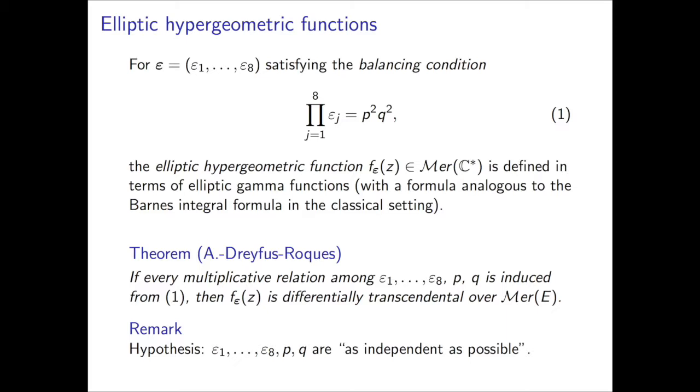Can I just put my question slightly differently? Sure. Suppose you have a group, generated by this thing, let's call it G. But if you give a different set of representations, with different epsilons and another p and another q, would the function that you defined as the elliptic hypergeometric function be the same or not? It would be a different function.